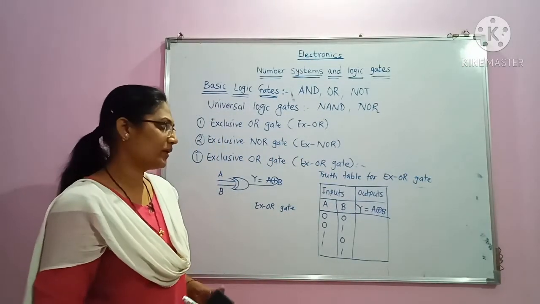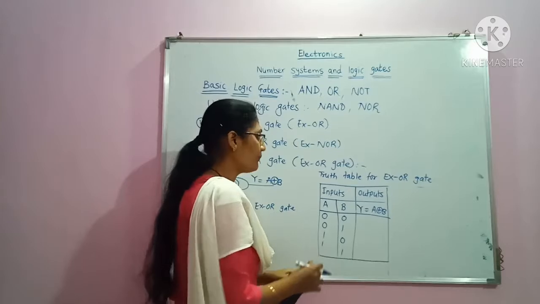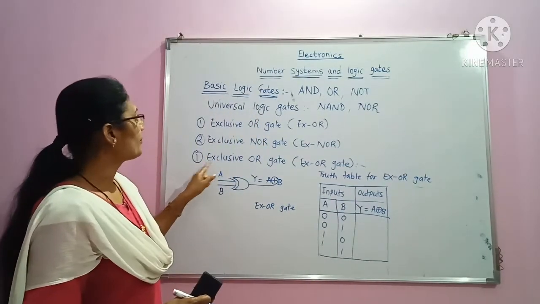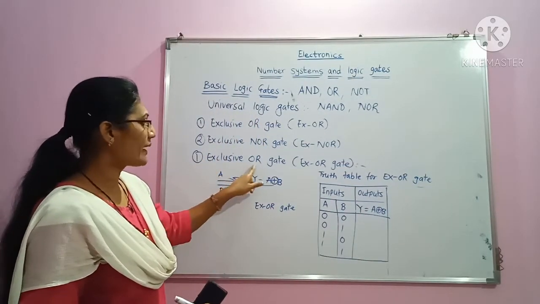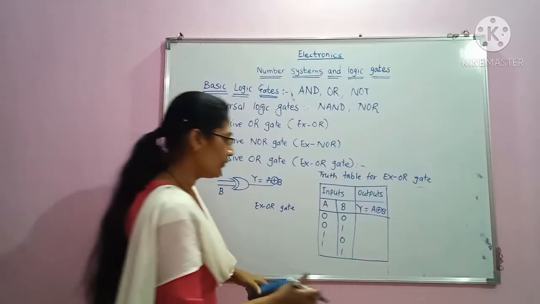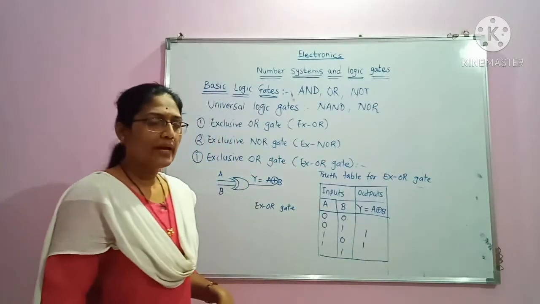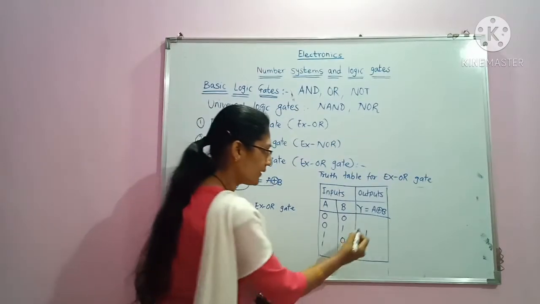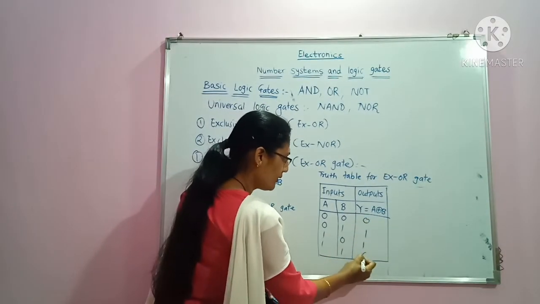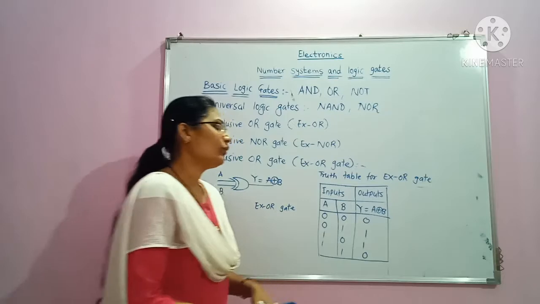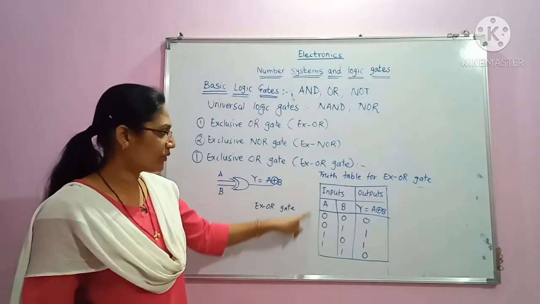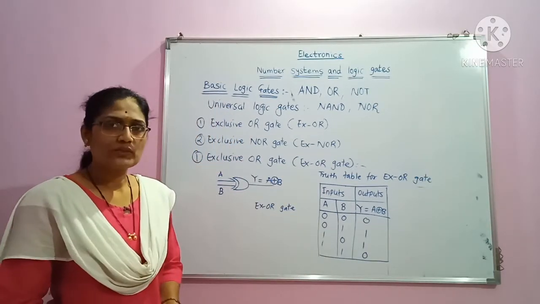A encircle B. Here the output of exclusive OR gate will be at logical 0, here it will be 1, here it will be 1, and here it will be 0. So what is the conclusion from this truth table of XOR gate?